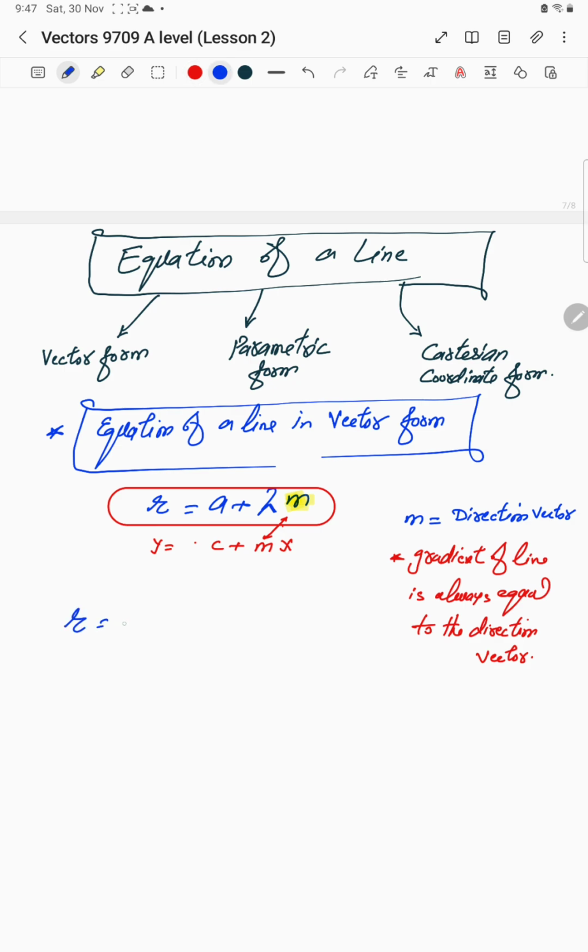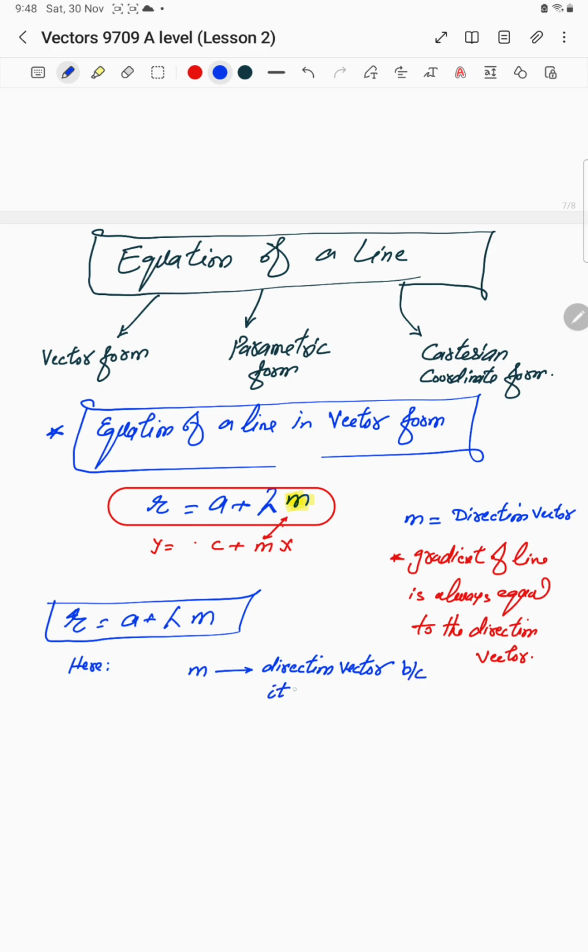We will take r equals a plus lambda m, where this is the vector form, and m represents the direction vector, because it tells us about the direction of the line.